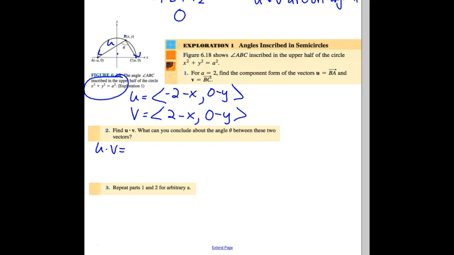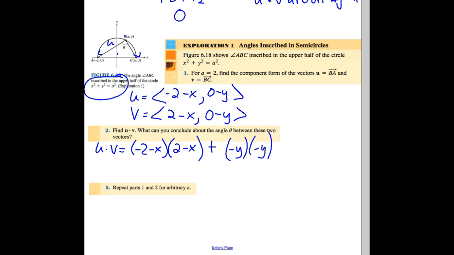Yes? All right. So U dot V, we're going to take first component times first component. Okay, they're just more involved, not just a plain number. And then we have to add second component times second component. But what is 0 minus Y? It's just negative Y. So we've got negative Y times negative Y. All right.